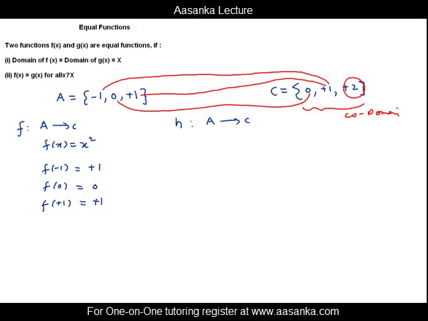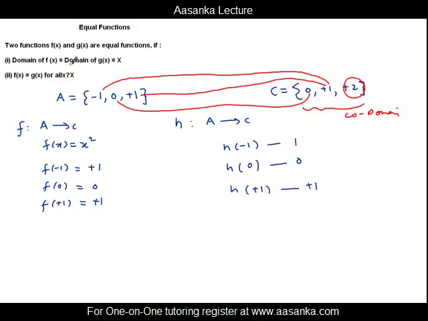So it means that if h function is a function between A and C and relates these three elements minus 1 to 1 of C and then 0 to 0 of C and plus 1 to plus 1 of C, then the two functions f and h will be same, though there is one element left in the codomain, but that is not affecting our two conditions.